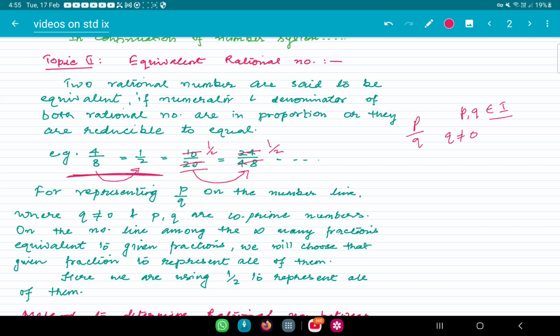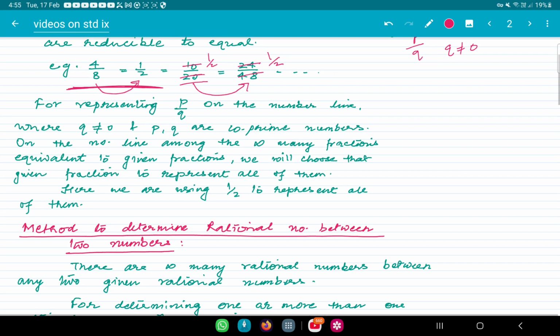When we reduce or simplify 4 by 8, 10 by 20 or 24 by 48, we get the same. So we say that 10 by 20, 24 by 48 and the like are all equivalent rational numbers.